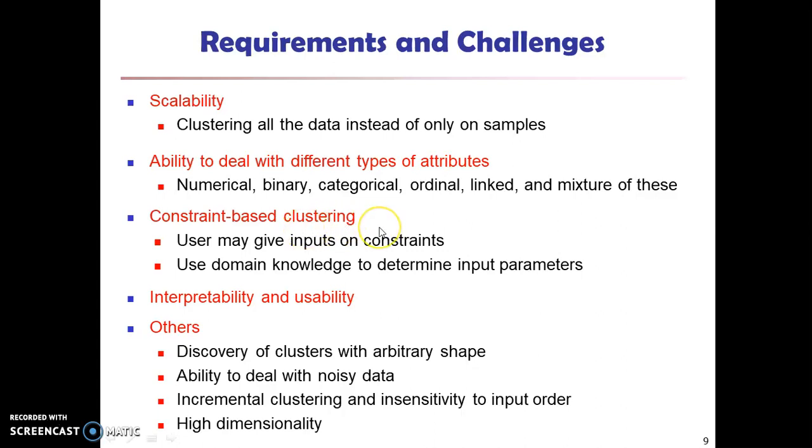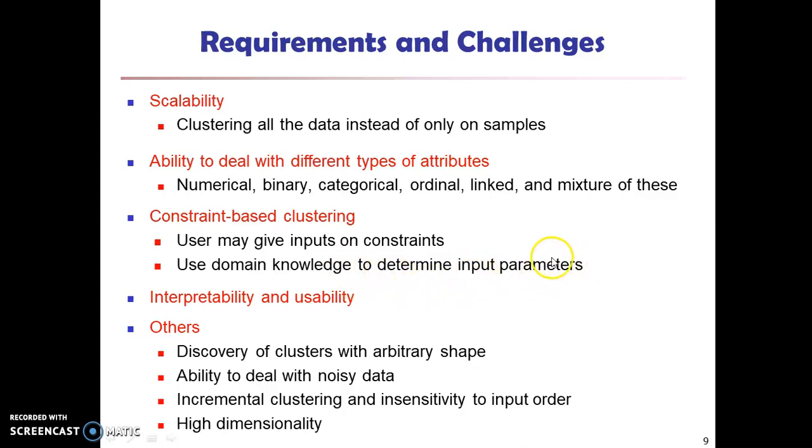Constraint based clustering. When we cluster the data points, we need to have some constraints. The user may give inputs on constraints, so according to the user input, the clusters can be formed. Or use domain knowledge to determine input parameters.